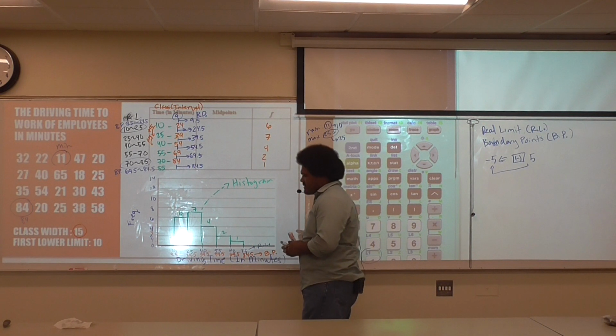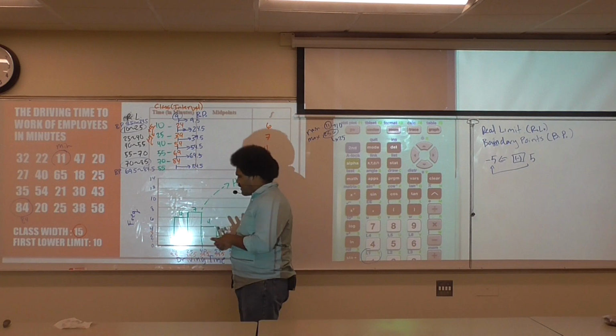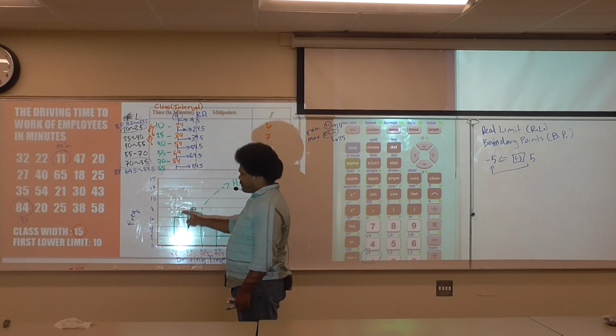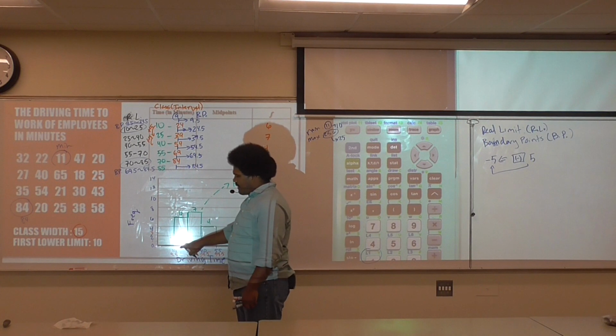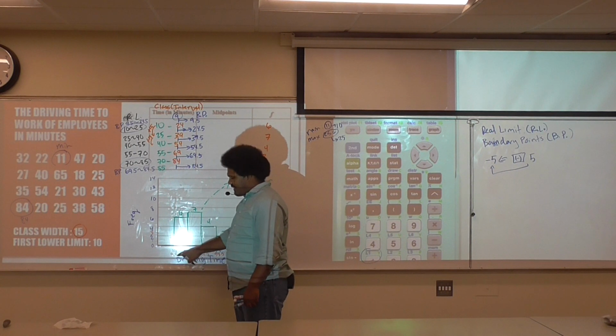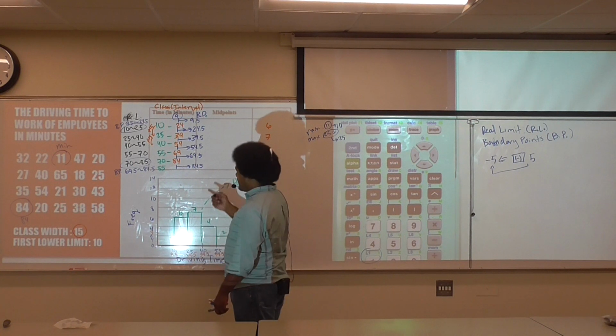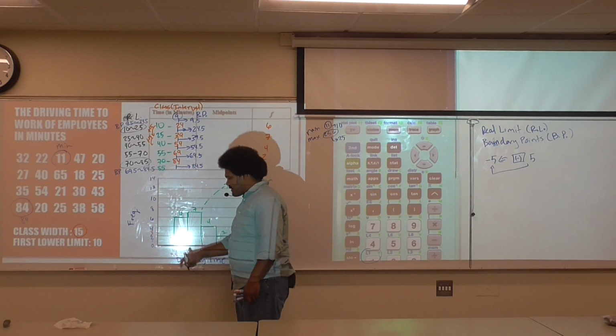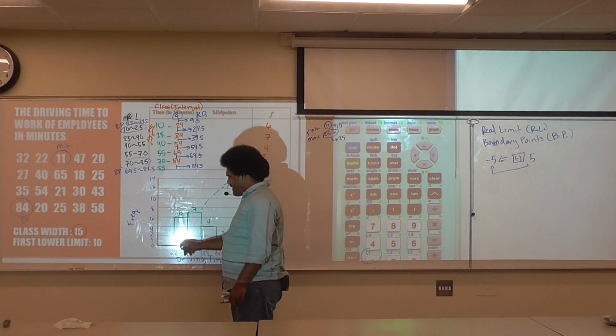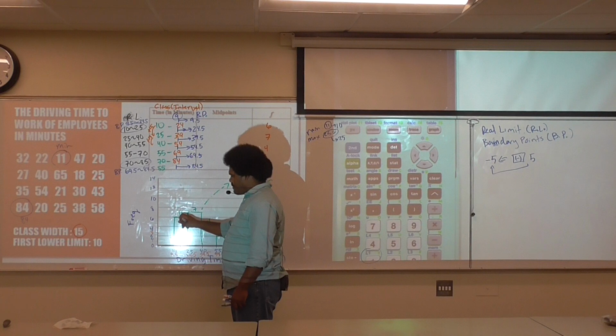So how do we figure this out? Well, the midpoint is supposed to be halfway between the interval. If you're doing lower limits, it's halfway between the lower limits. If you're doing boundary points, it's halfway between. Somehow your book ends up doing upper limit, lower limit. It still works, but I tend to do this with the boundaries. So I find the midpoint, and I know my point is going to be here.